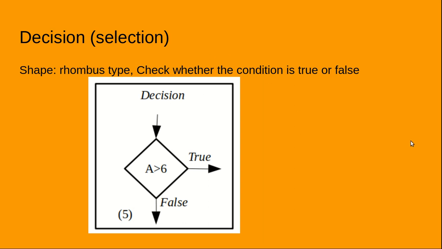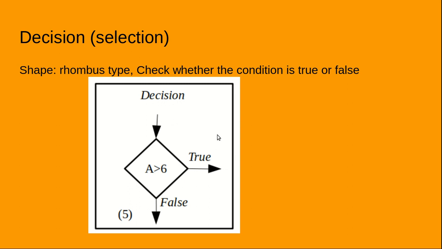Decision, or say selection also. The shape of the decision is rhombus type. It checks whether the condition is true or false. Here the condition is A, to check whether A is greater than 6.